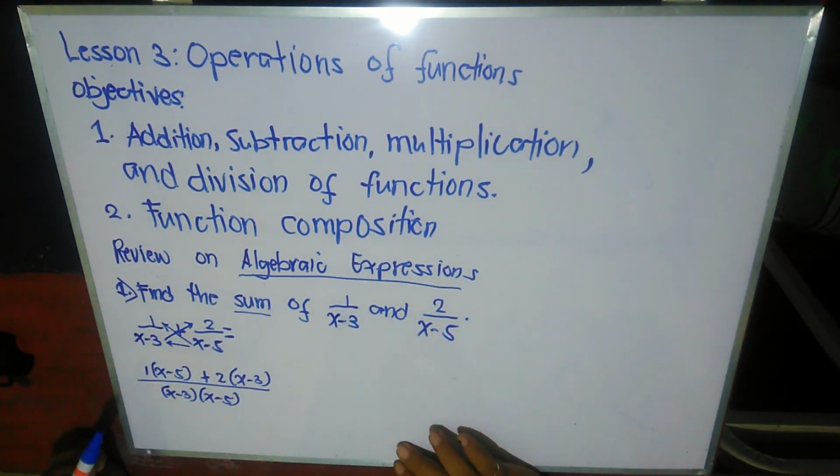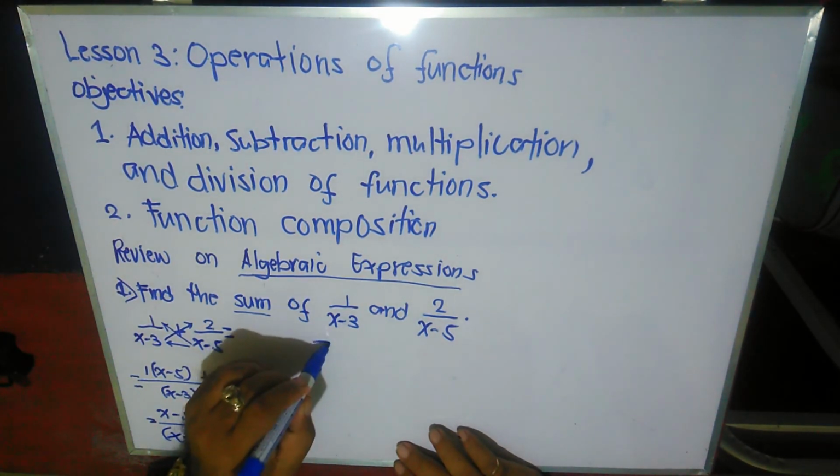If more than 2, that is not applicable. We distribute the 1 and the 2 to inside the quantity, so it becomes x minus 5 plus 2x minus 6, then all over x minus 3 times x minus 5.